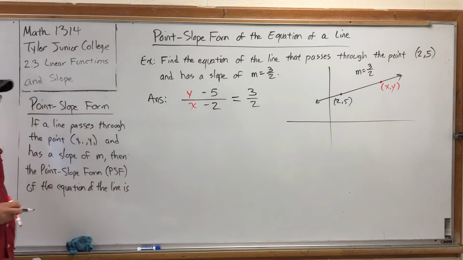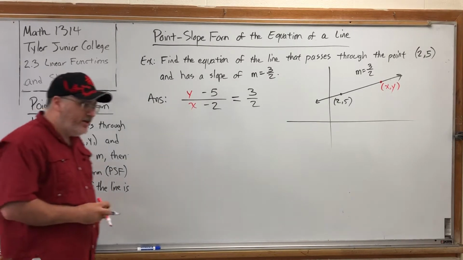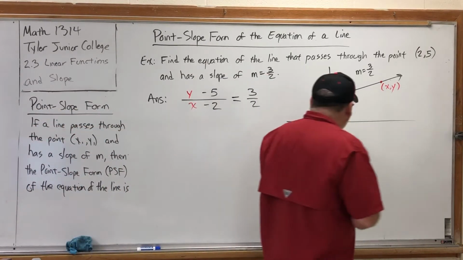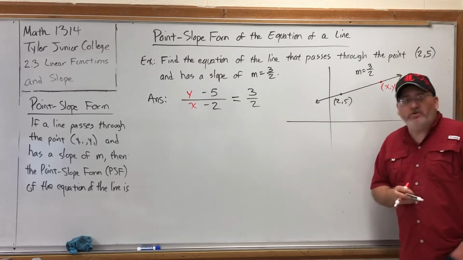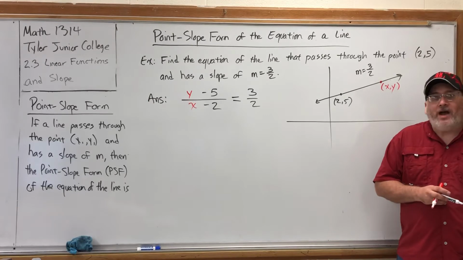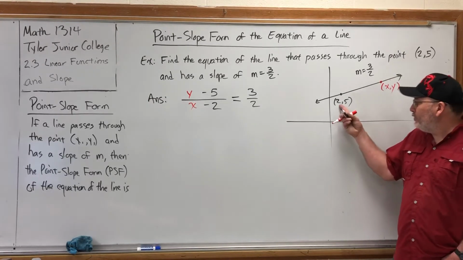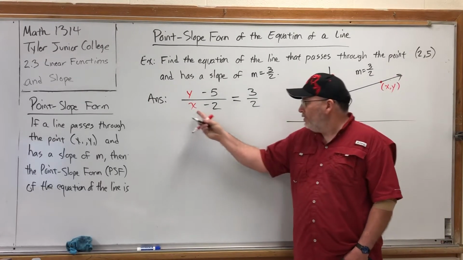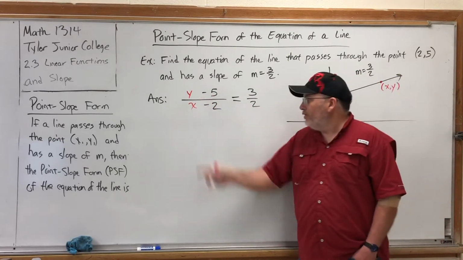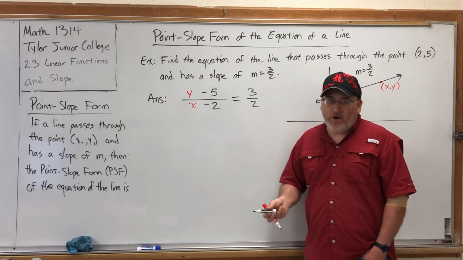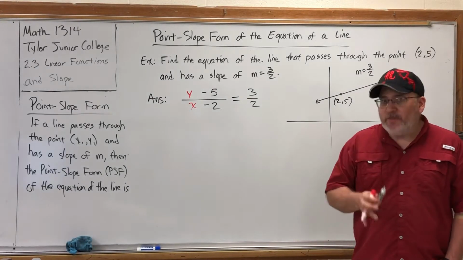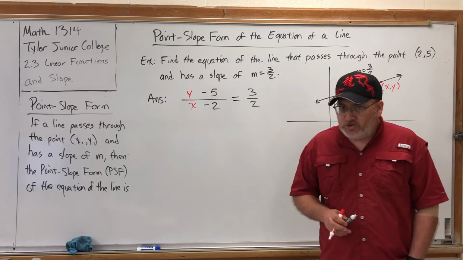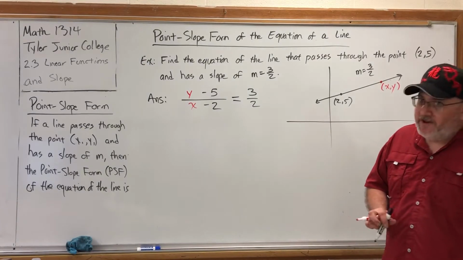This is technically a legitimate equation of this line, except for one problem. That equation does not include the point (2, 5). Why? What would happen if you put 2 in the denominator and 5 in the numerator? You would get 0 over 0. 0 over 0 is called indeterminate for calculus reasons, which those of you going there will find out later.